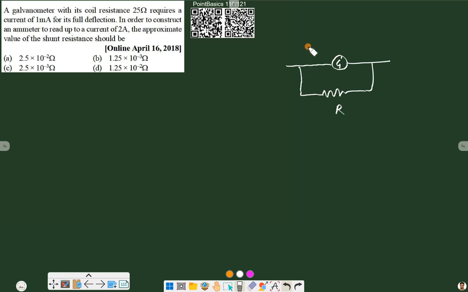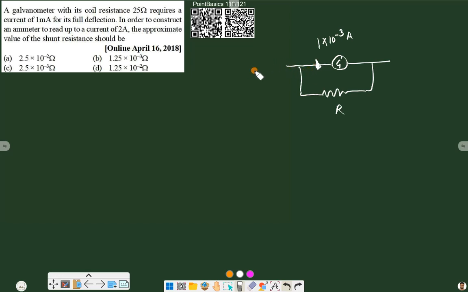Now it is mentioned that the maximum current of the galvanometer is 1 milliampere. So 1 into 10 raised to power minus 3 ampere is that maximum current, and we have to measure 2 ampere through this circuit.